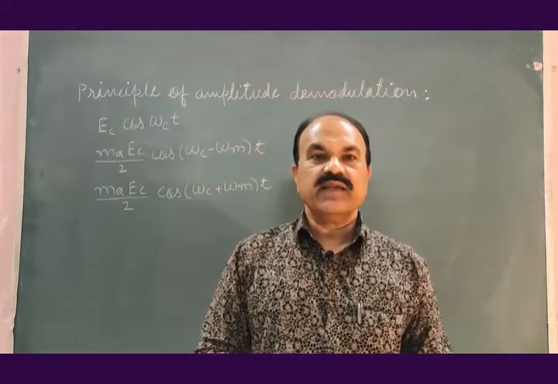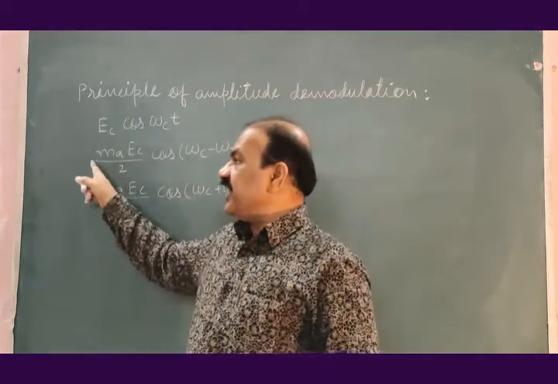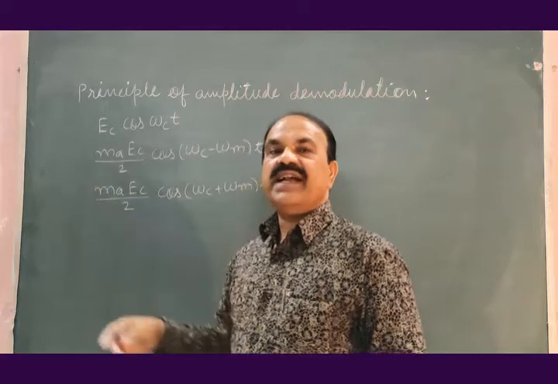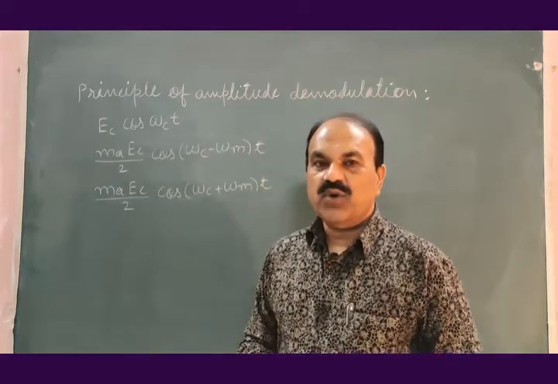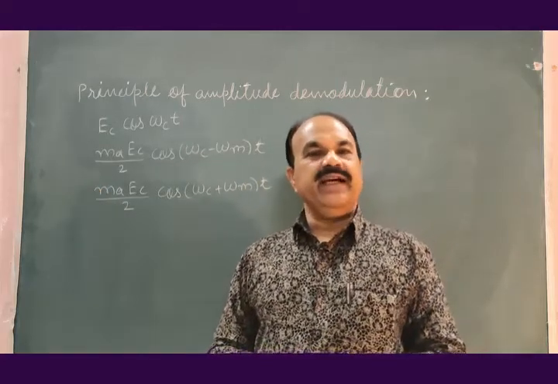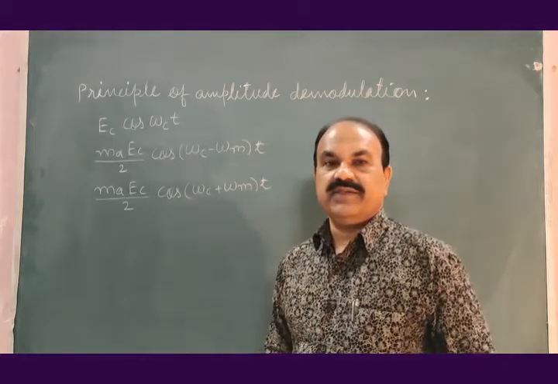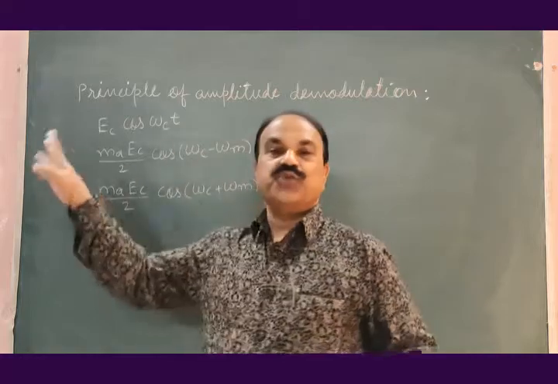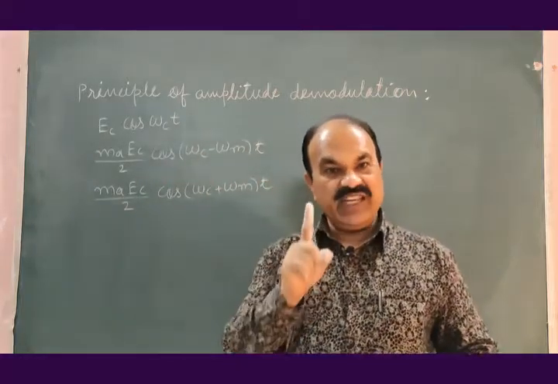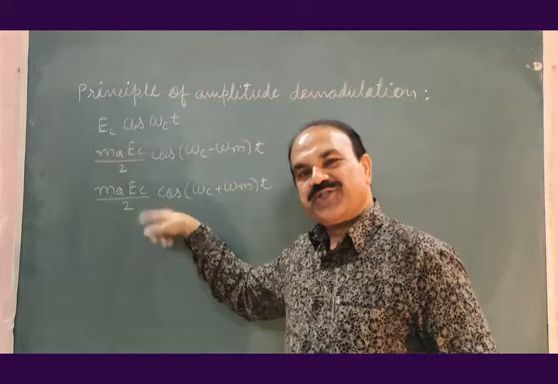So, we need the two sideband terms, the lower sideband term and the upper sideband term. Strictly speaking, we do not need both of these terms. We need one of these two terms.